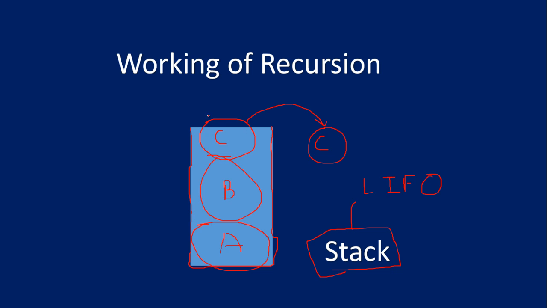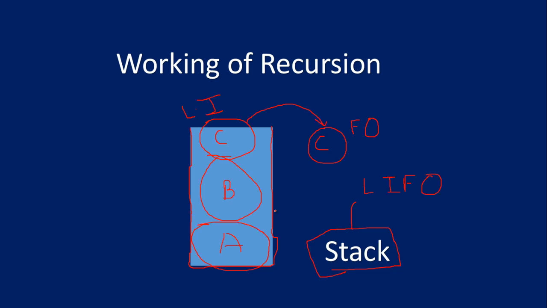You can see that this ball C is inserted at the last position, so it is last in. But when we want to remove elements from it, it is first out. So the stack is a type of container which follows the concept of LIFO, that is, last in first out.